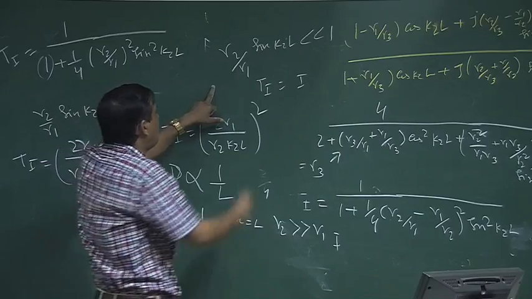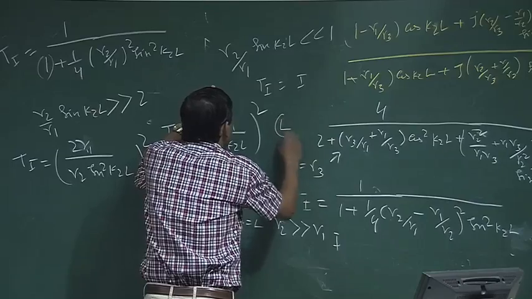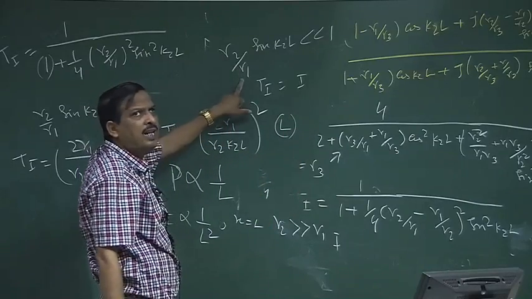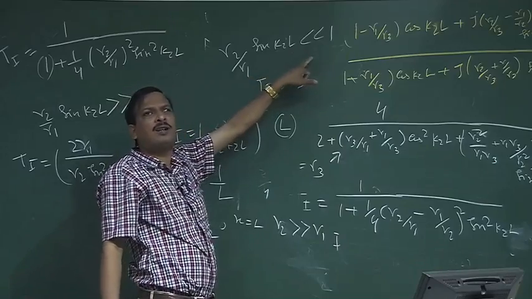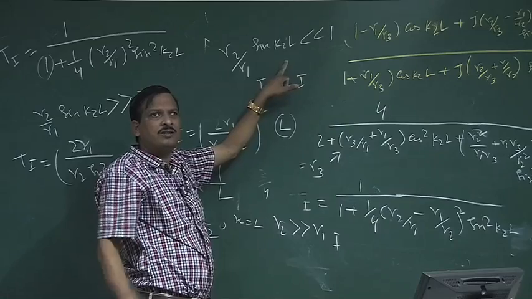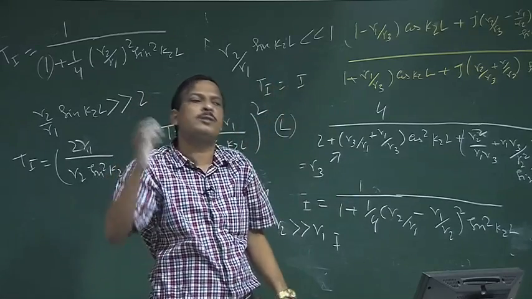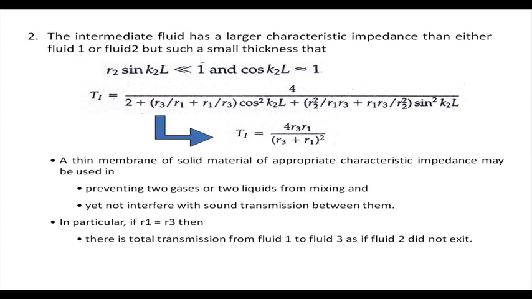If Ti is equal to 1, that means L is very thin, very low, such that R2 by R1 into sin K2L is much less than 1, then the partition, that second medium R2, does not affect the sound transmission.